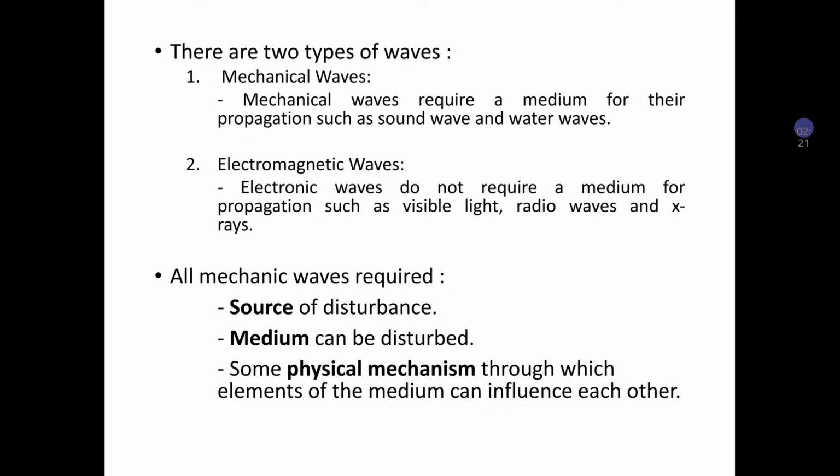Maksudnya dia tidak boleh terhasil dengan sendirinya. Bagi electromagnetic wave pula adalah is a electronic wave, which is dia tidak memerlukan medium untuk wave untuk propagate, such as visible light, radio wave ataupun X-ray.